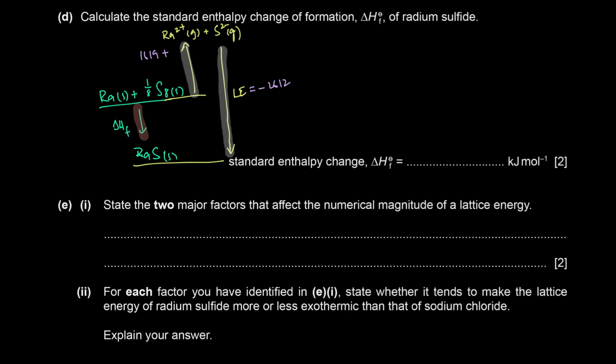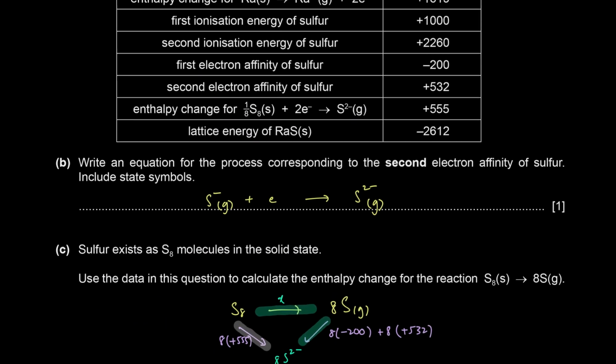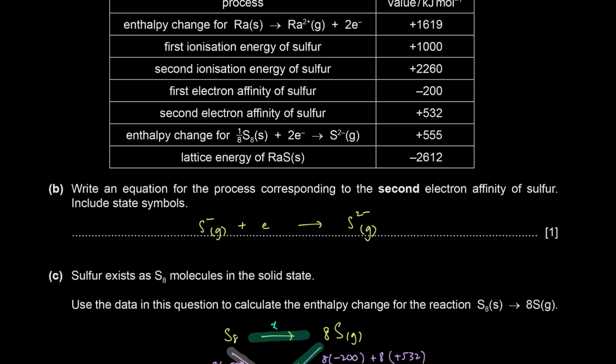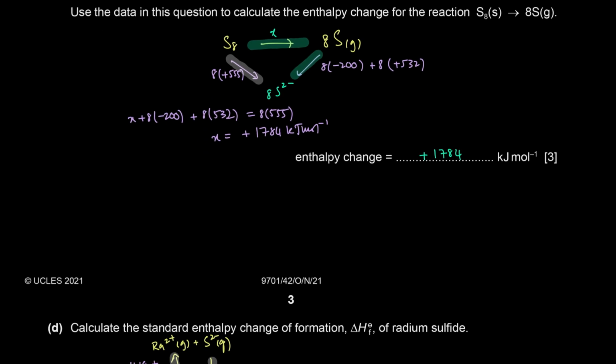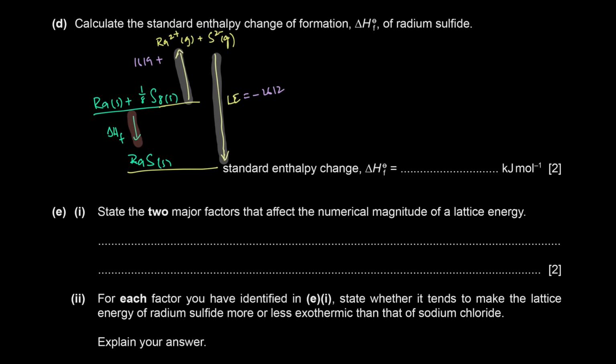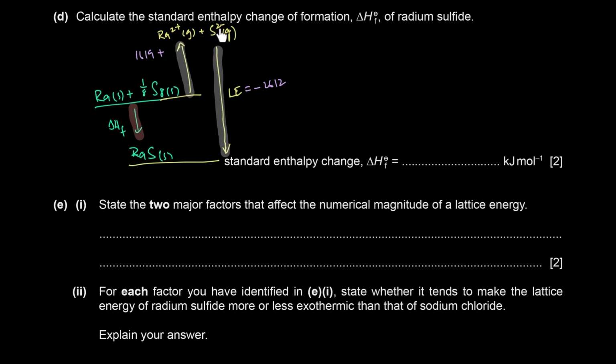And then they've also told us that we can go directly from sulfur solid to sulfide ions. That is the formation of sulfide, which is plus 555. So this is the formation of radium 2 plus gaseous ions from the constituent elements, and this is the formation of sulfide ions from the constituent elements.